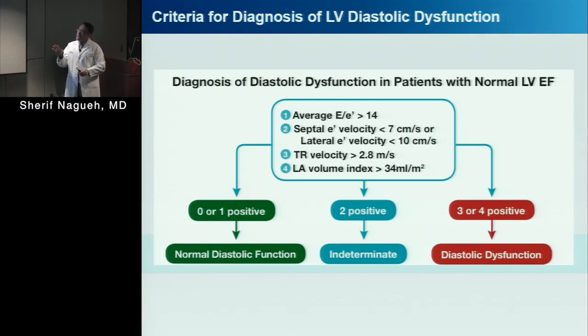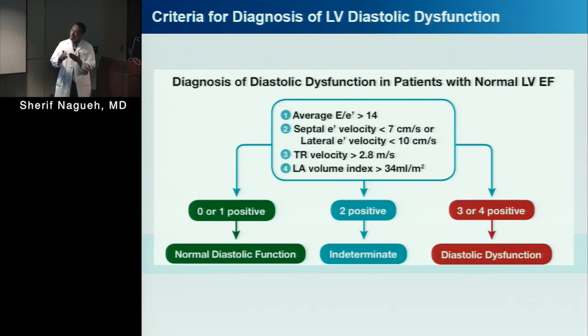That does not mean that these parameters should not be used. They should be used. But say I end up with a study where I do not have anything else, then I have to rely on some other findings and see where these findings tilt. The thought was we want to be more specific than sensitive, so you do not want to label too many patients with diastolic dysfunction and cardiac disease.